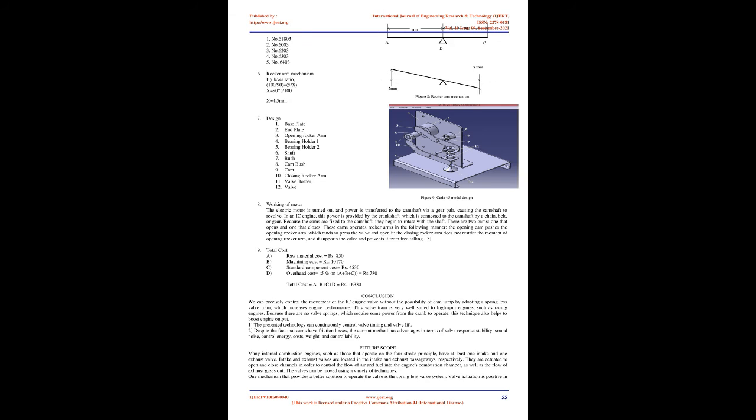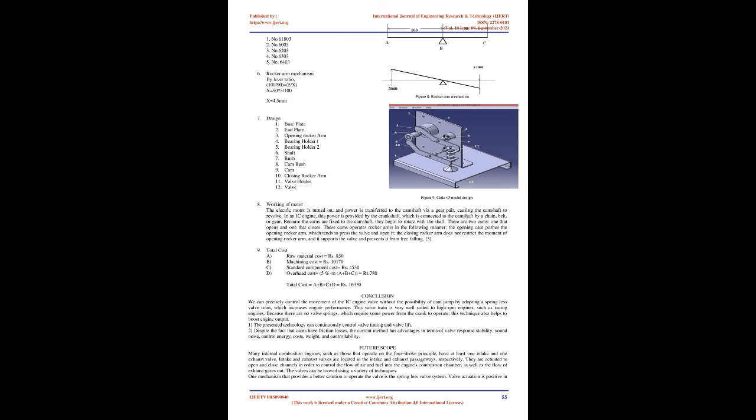Design calculation. The electric motor is turned on, and power is transferred to the camshaft via a gear pair, causing the camshaft to revolve. In an IC engine, this power is provided by the crankshaft, which is connected to the camshaft by a chain, belt, or gear. Because the cams are fixed to the camshaft, they begin to rotate with the shaft.